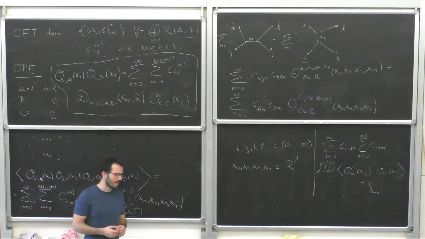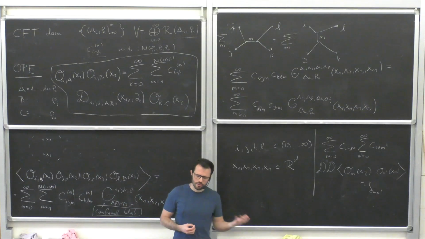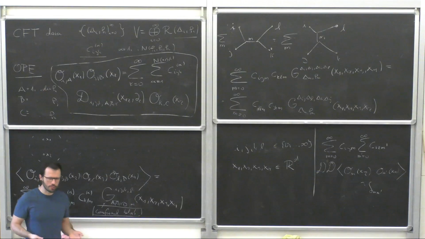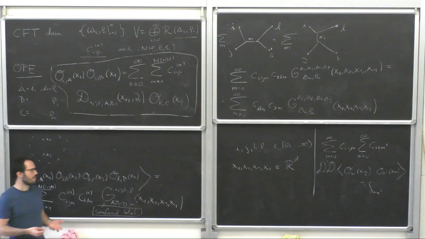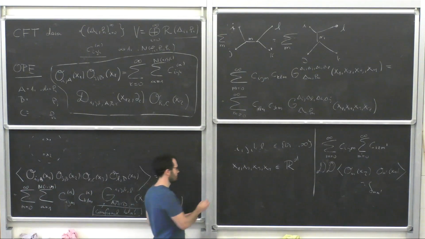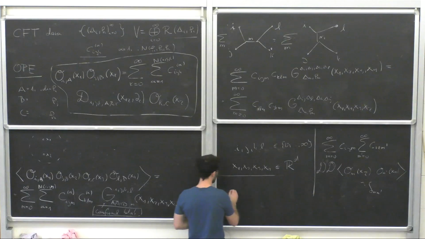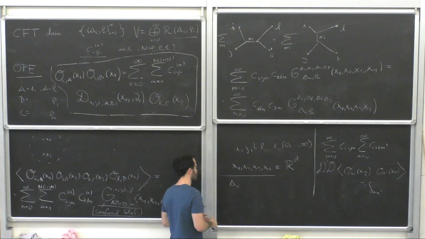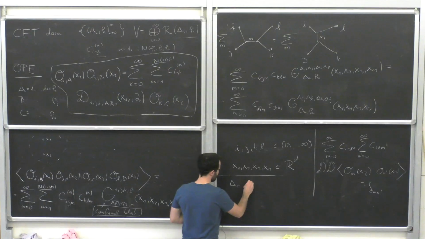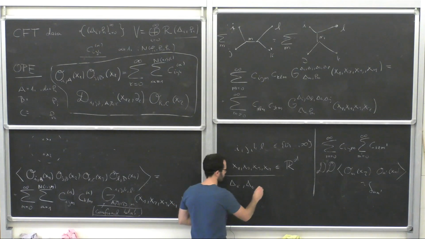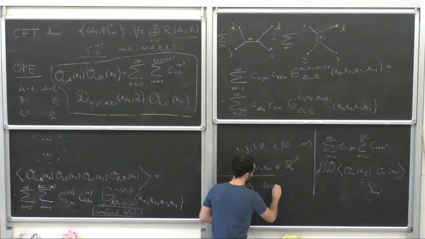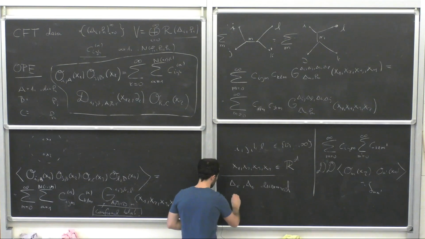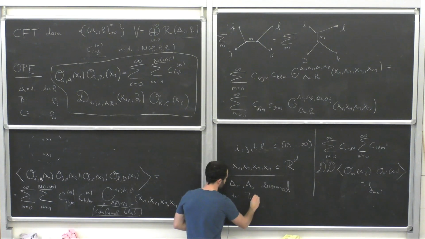So for example, people have applied it to 3-dimensional CFTs with Z2 symmetry, of which the most famous example is the critical 3D Ising model. And they found that for the critical 3-dimensional Ising model, the scaling dimensions delta sigma and delta epsilon are determined by this equation to I think like 7 or 8 decimal places.